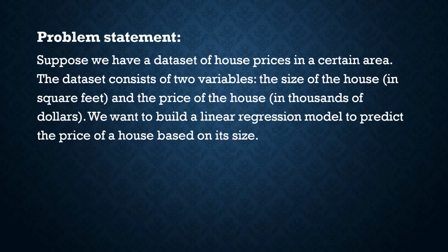The example takes a problem statement. Suppose we have a set of house prices in a certain area. The data set consists of two variables: the size of the house and the price of the house. We want to build a linear regression model to predict the price of a house based on its size.